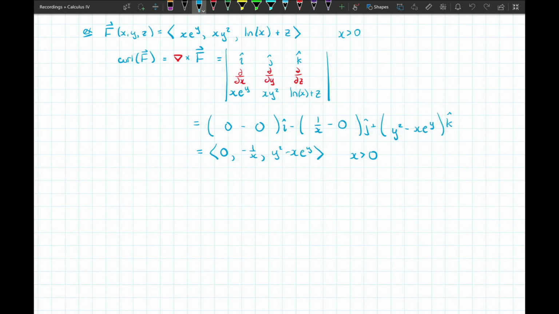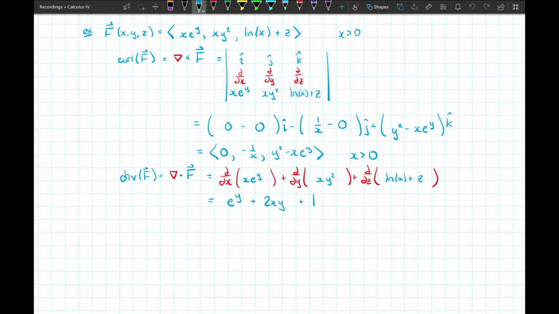Now, what about the divergence of F? This is the dot product of nabla and F. So we are going to be taking the partial derivatives of each component. We will take the partial derivative of x e to the y with respect to x, the partial derivative of xy squared with respect to y, and the partial derivative of the natural logarithm of x plus z with respect to z.